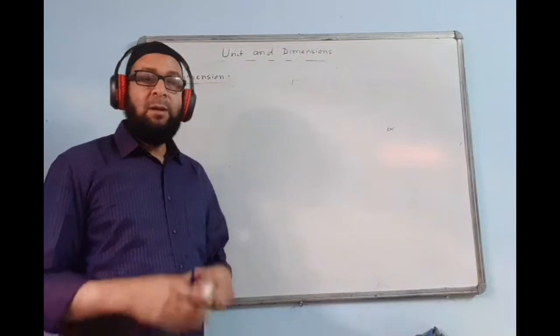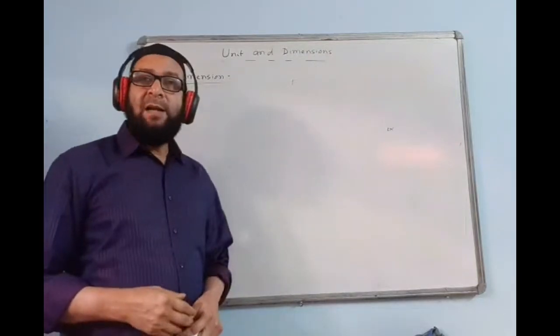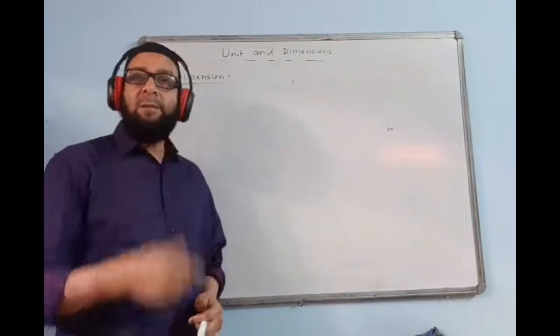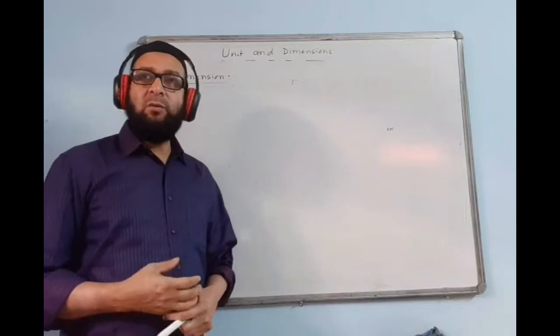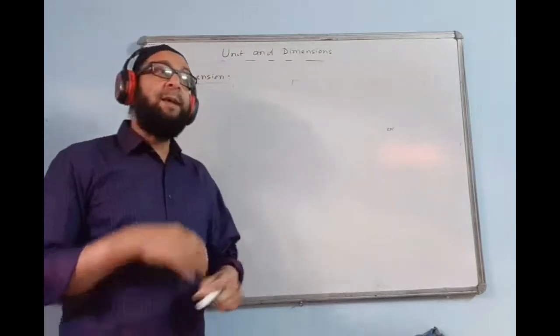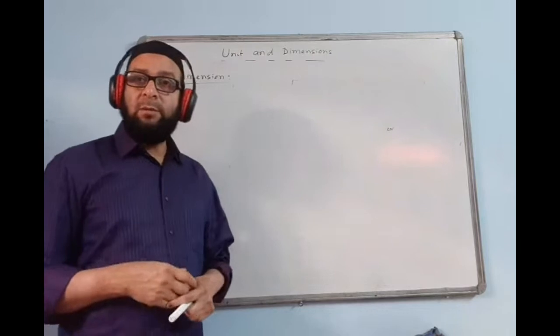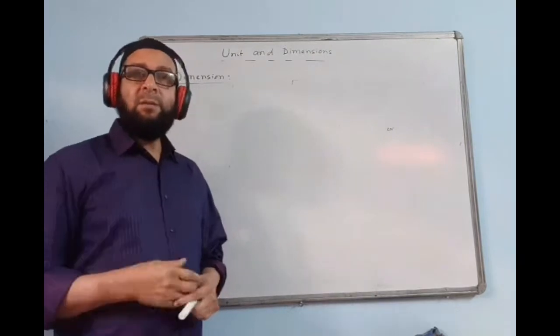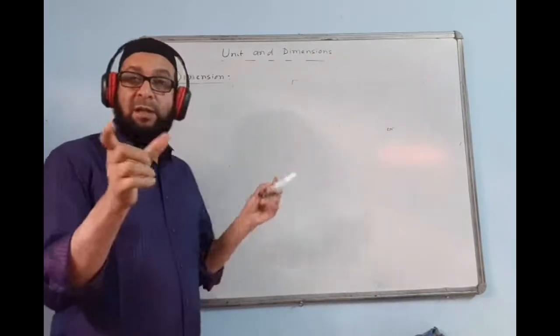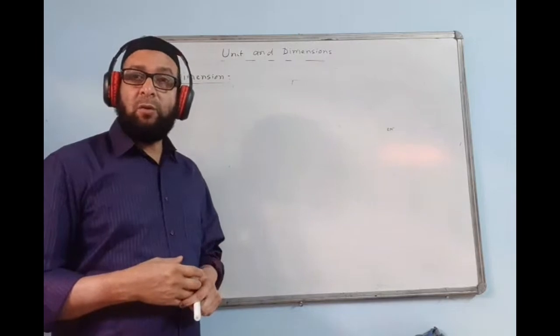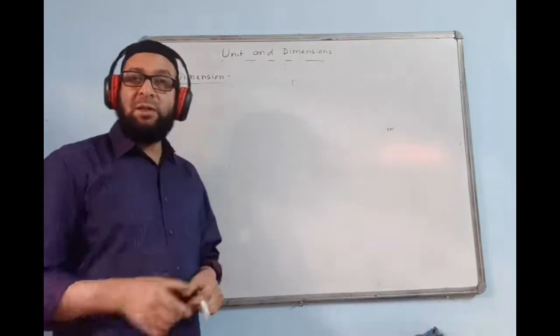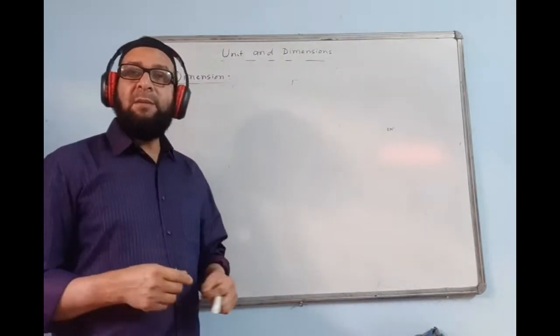Yes, you can check. There are many examples where two different physical quantities have the same dimension. That is possible. You can just check work and torque, we did it together earlier.